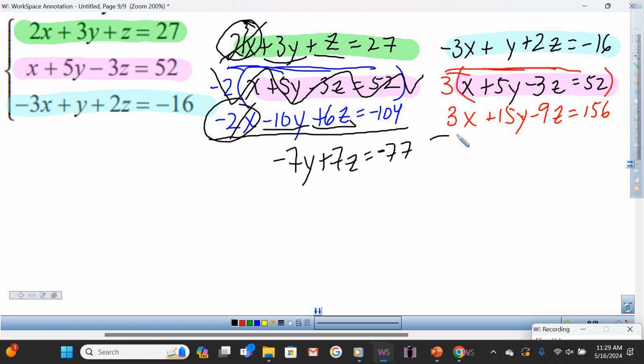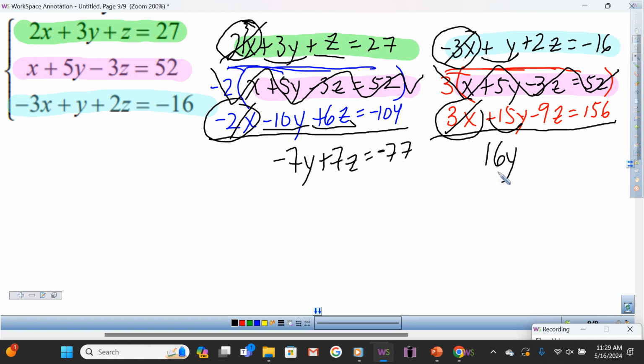So once we distribute, put the wiggles on the one in the middle so that you don't use that one anymore. So here we go. What is negative 3x and positive 3x? 0, they cancel. Combine. 1y and 15y is 16y.